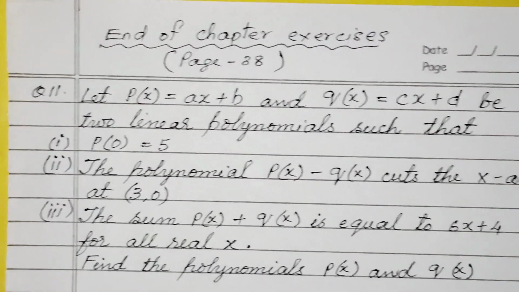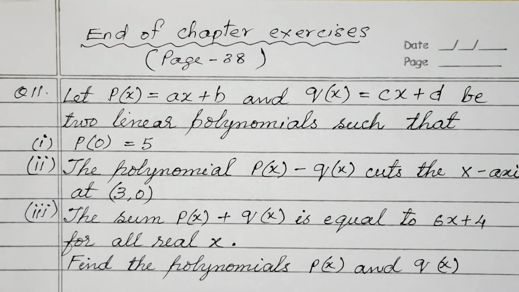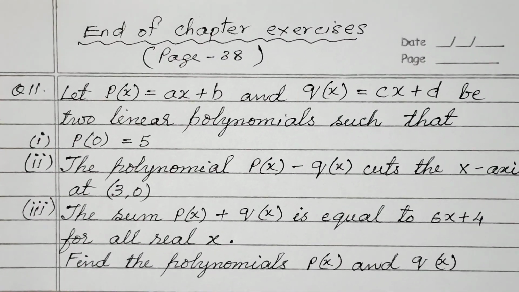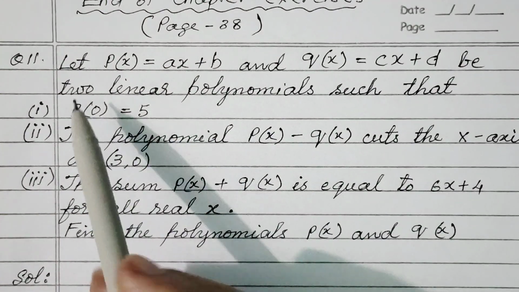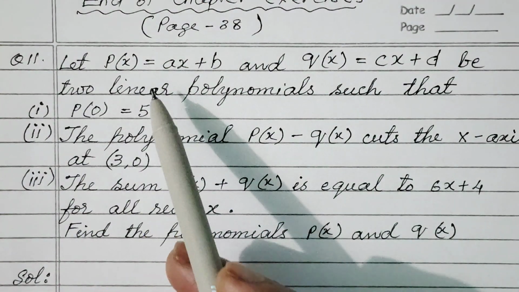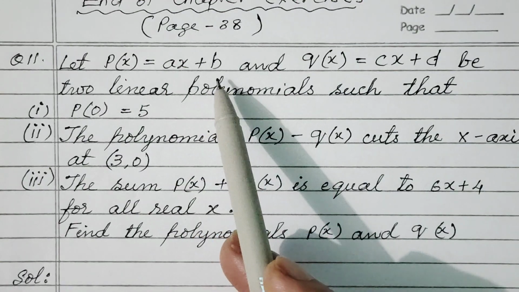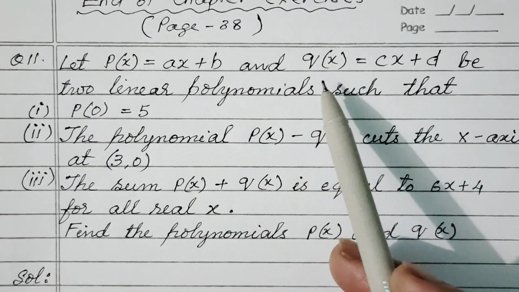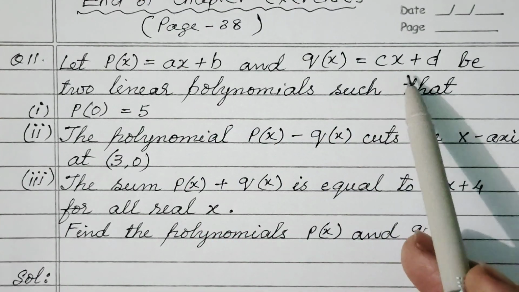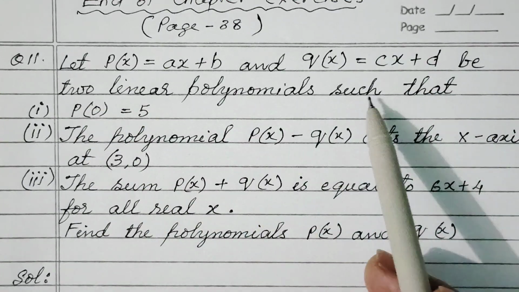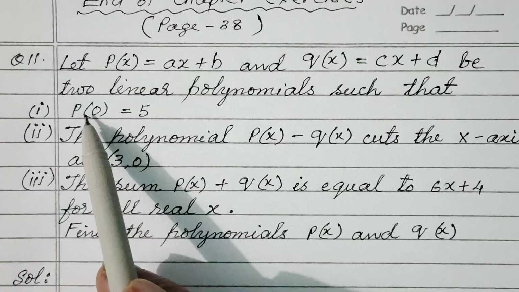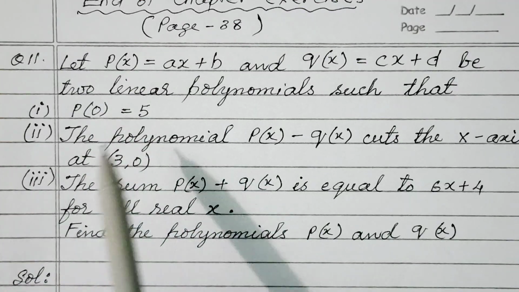So the question says, let p(x) equal ax plus b and q(x) equal cx plus d be two linear polynomials such that p(0) equals 5.